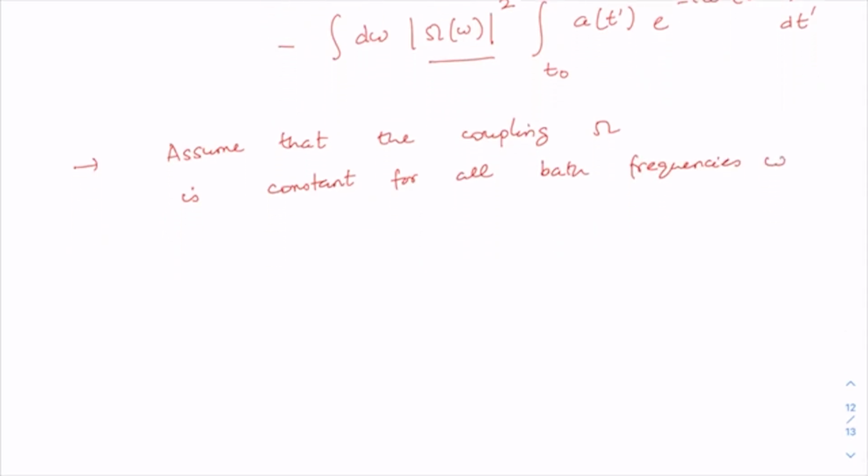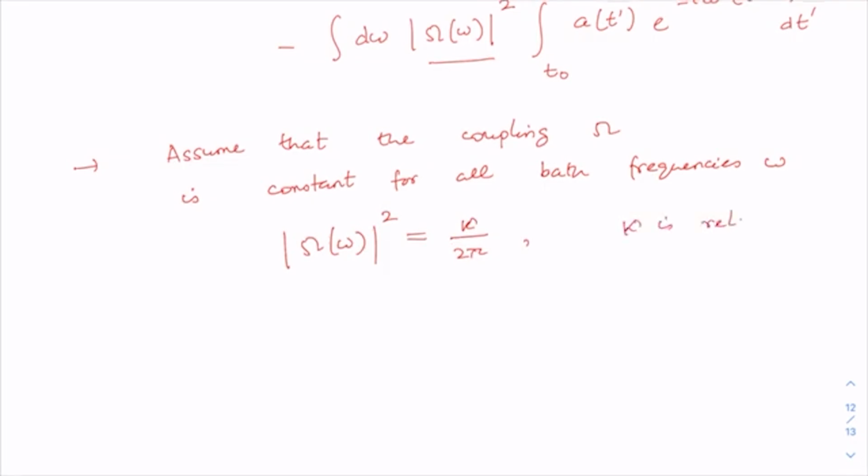Let us write mod capital omega of omega square is equal to kappa by 2 pi, where kappa is related to the cavity bandwidth.